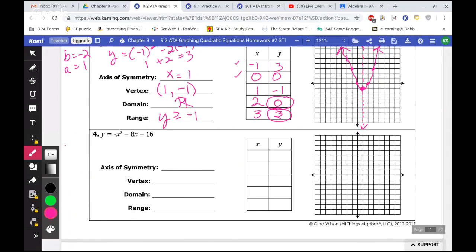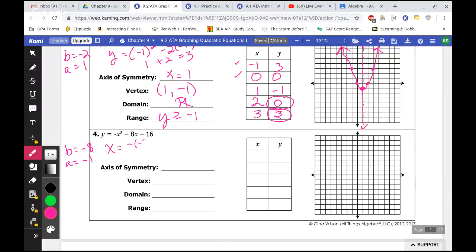All right. So what is the B value for this equation on number 4? -8. Good job. What's the A value? -1. So we're going to plug that back into our equation.